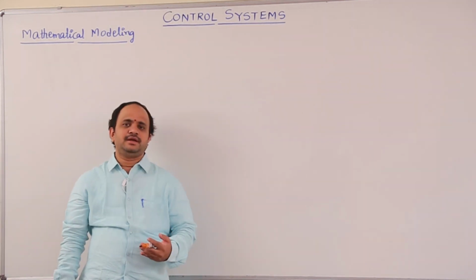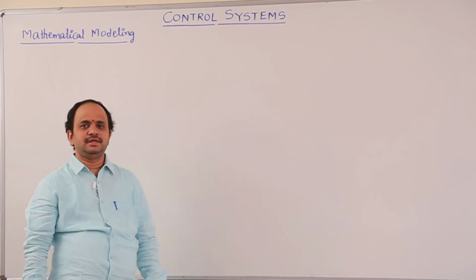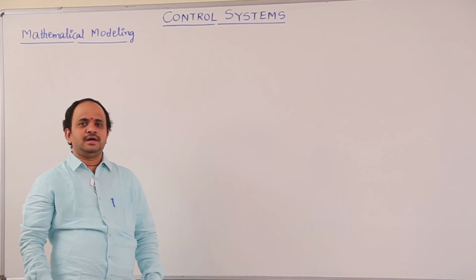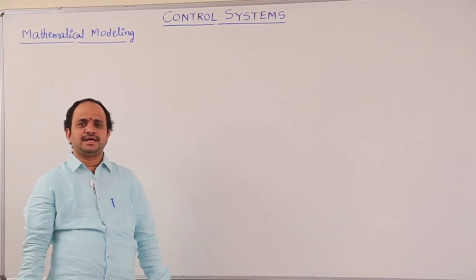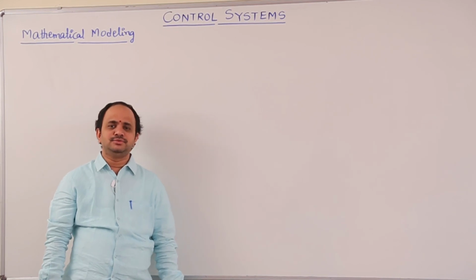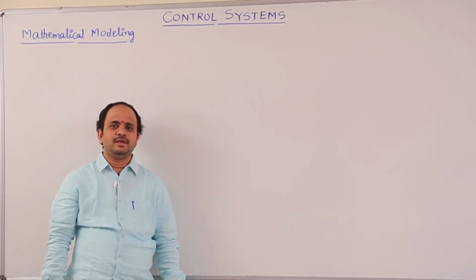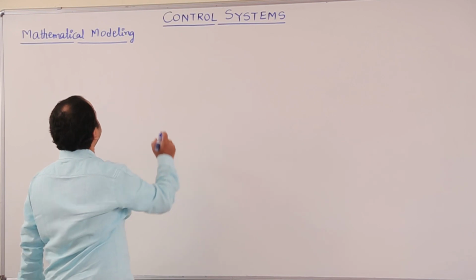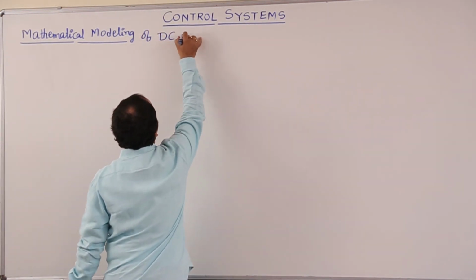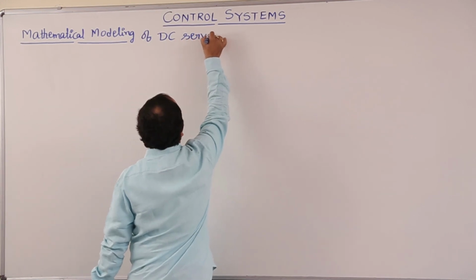If you take different applications like robotics, sun and star tracking systems, antenna azimuth control systems, the important component is DC servo motor.